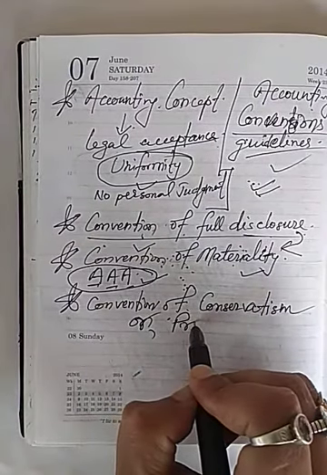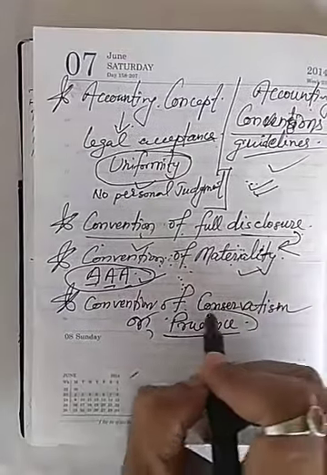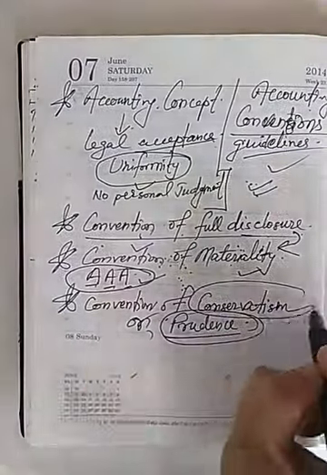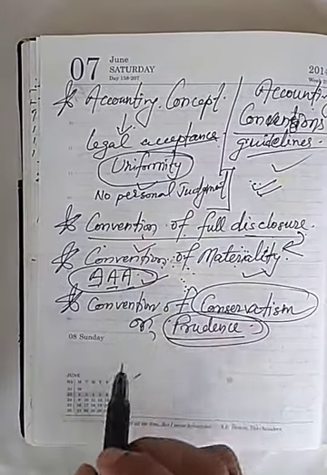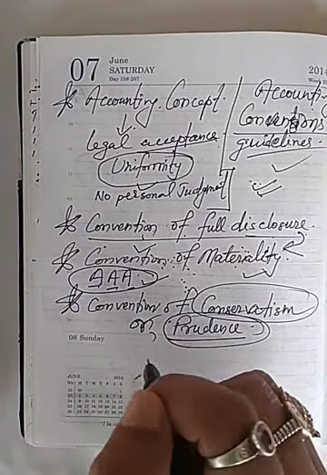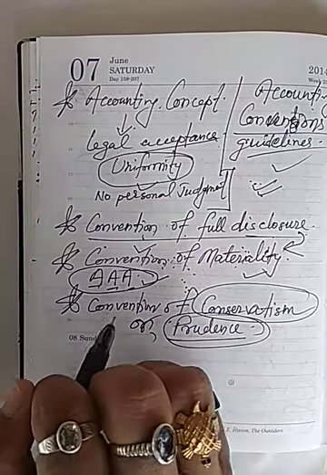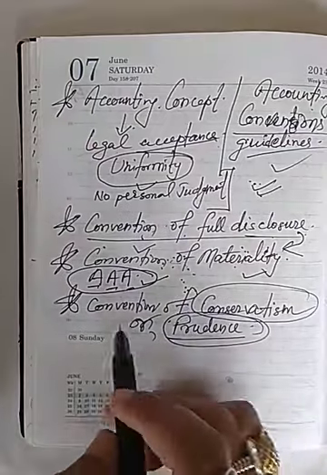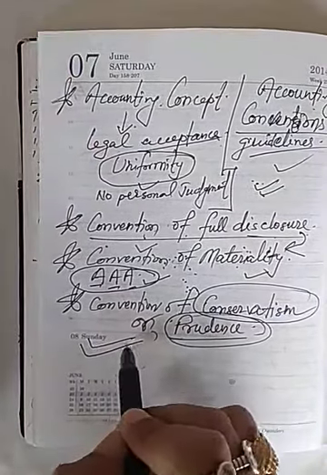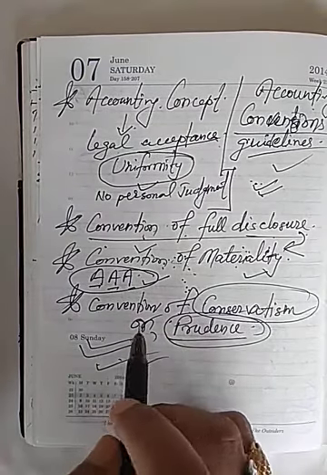Prudence concept or prudence convention and conservatism convention, both are the names of one principle, and this is the last principle of the accounting principles.